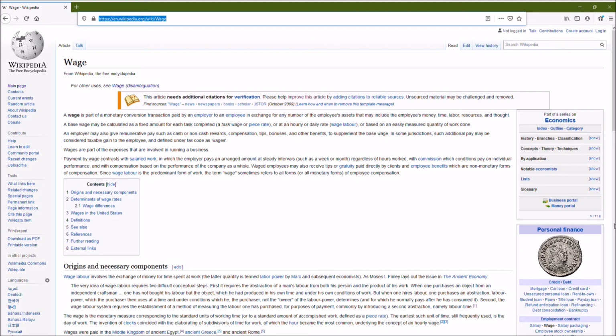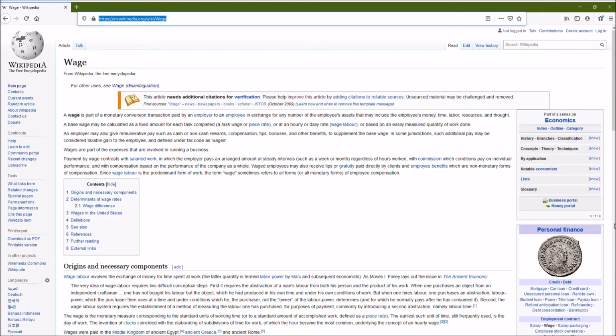This article deals with wage. A wage is part of a monetary conversion transaction paid by an employer to an employee in exchange for any number of the employee's assets that may include the employee's money, time, labor, resources, and thought. A base wage may be calculated as a fixed amount for each task completed, or at an hourly or daily rate, or based on any easily measured quantity of work done.